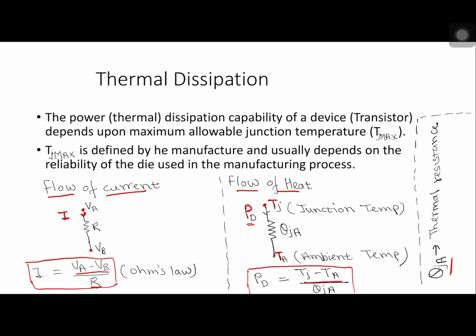Now the amount of thermal dissipation depends upon the maximum junction temperature Tj max, and this maximum temperature is defined by the manufacturer, and it depends on the reliability of the die used in the manufacturing process.